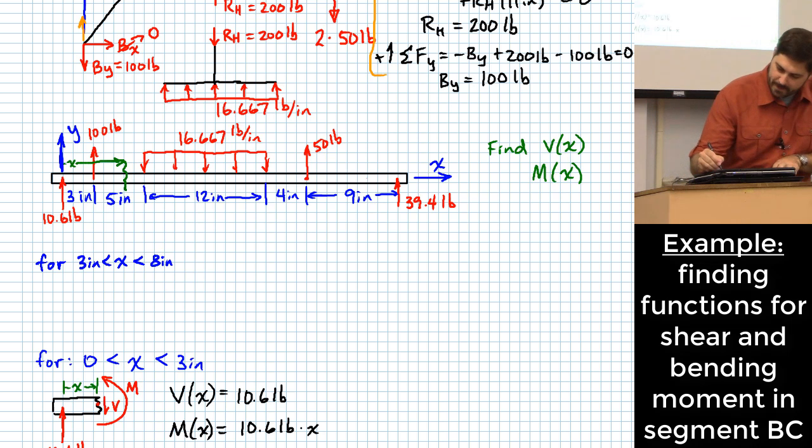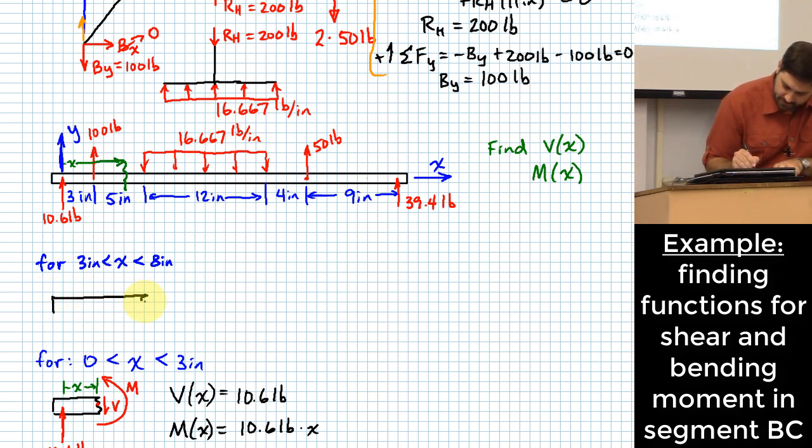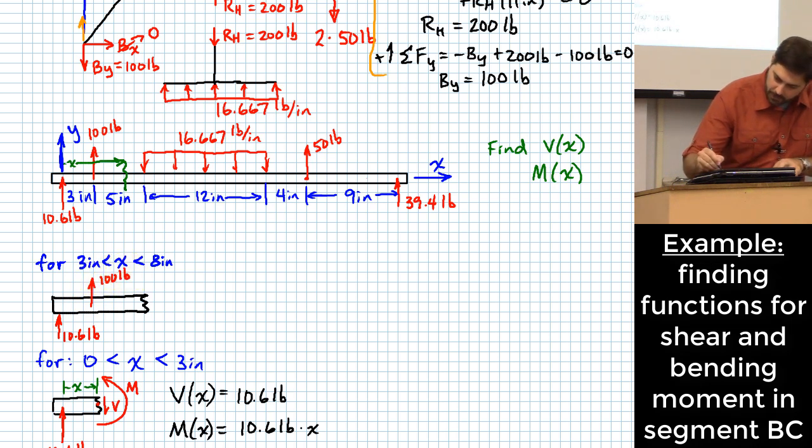Okay? Here's what the free body diagram would look like. We would have 10.6 pounds here. We would have 100 pounds here. There would be 3 inches between those, right?